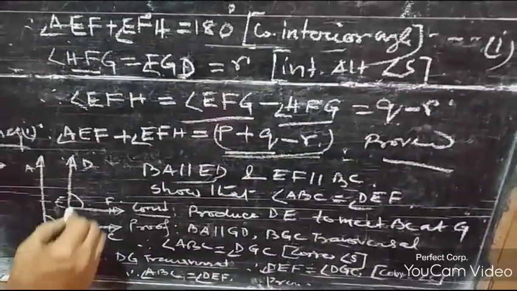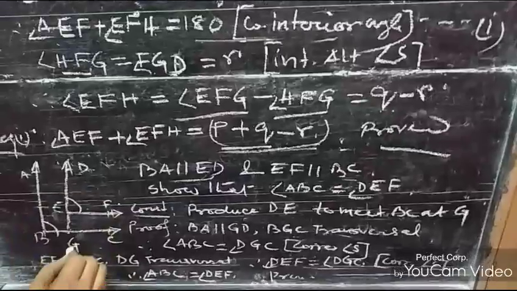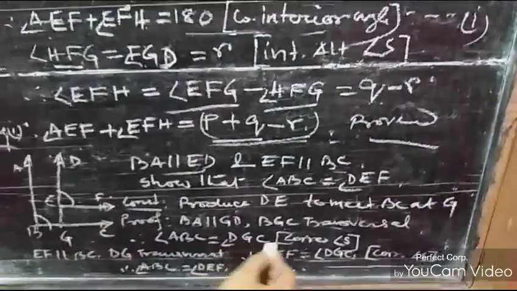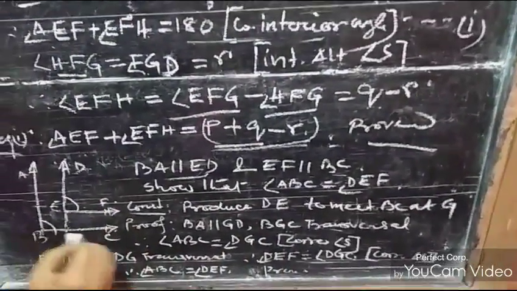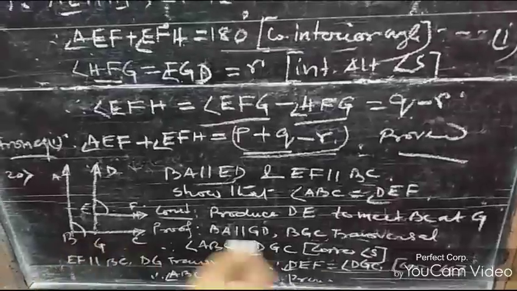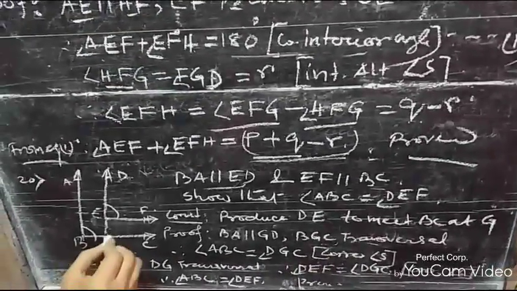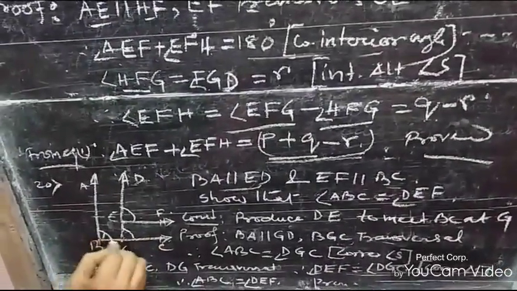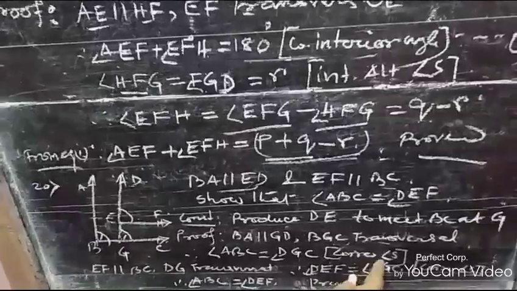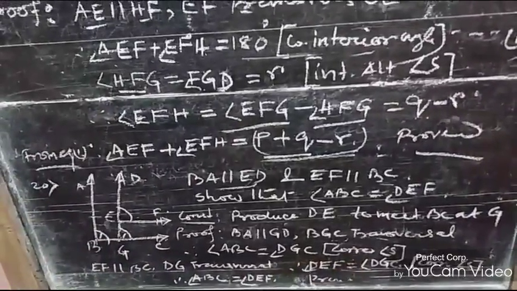See, BA is parallel to GD and BC is the transversal, so this angle equals this angle because they are corresponding angles.